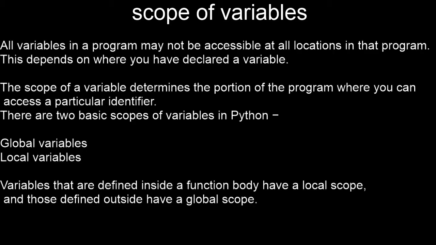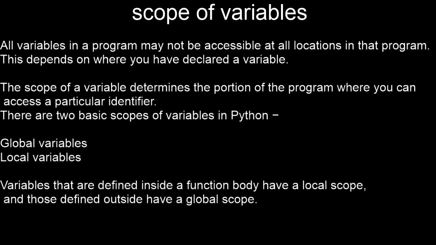Now we will see how to use a global variable and local variable in Python. We know that all variables in a program may not be accessible to all the parts of the program, and this depends upon where we declared a variable.